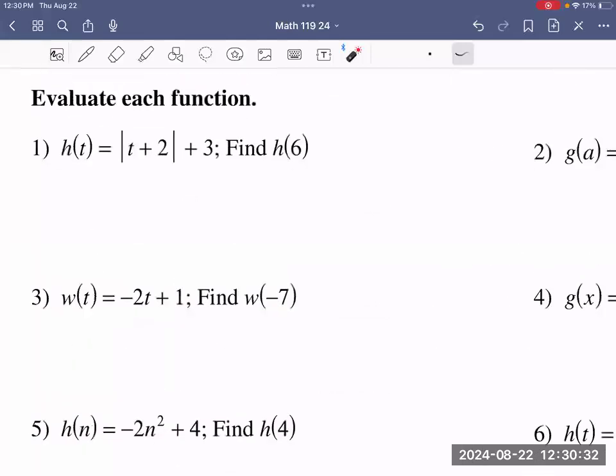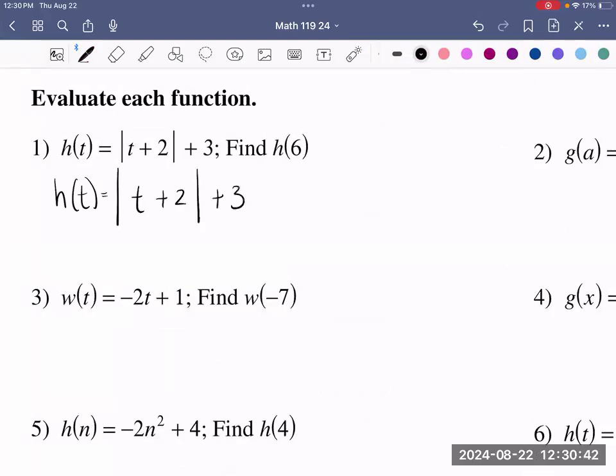Let's go. All right, so we have the absolute value of t plus 2, plus 3, and this is when h is 6. So this is saying replace t with 6. So we're going to erase this t, and if you want good habits, we can put parentheses where the t used to be, and we enter in a 6.